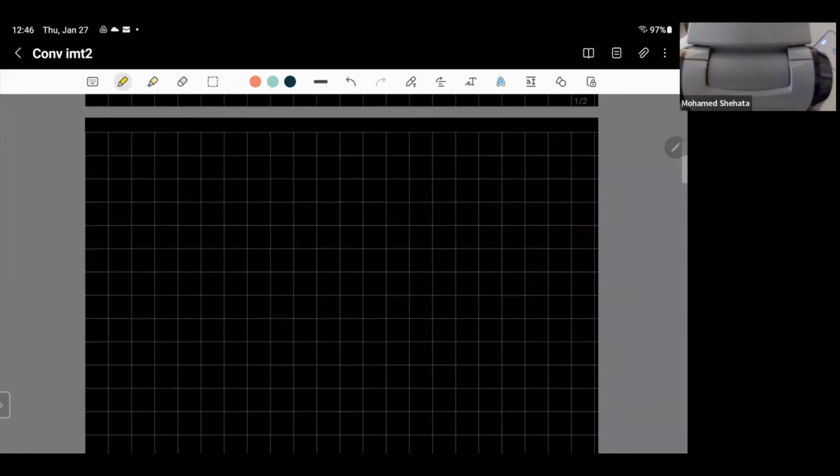Now let's take how we do the integration if you don't have an impulse, you have something else. All right, that's example 2.